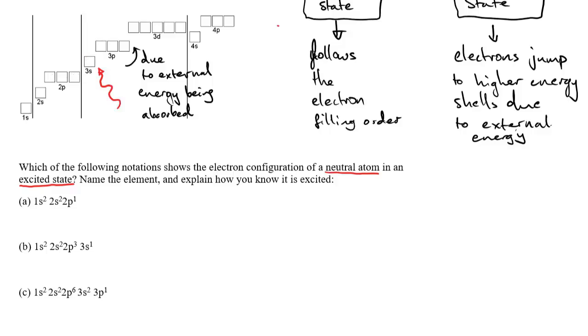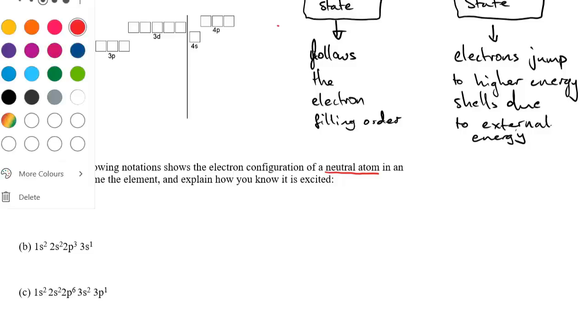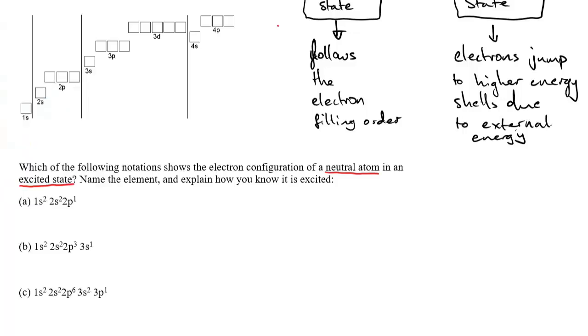Okay, so let's say you have this electron configuration. I'm just going to use this table here, although you wouldn't be given something like this in an exam, but I'm just going to use it as a visual. So let's have a look. 1s2. So there are 2 electrons that fill in the first shell.